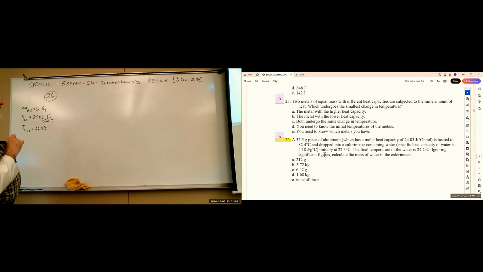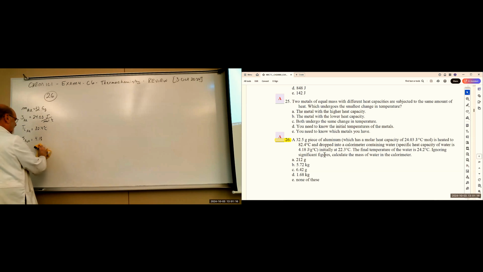Let's see. The specific heat for water equals 4.18 joules per gram degree C. What else do we know? We don't know the mass of the water. That's the unknown.